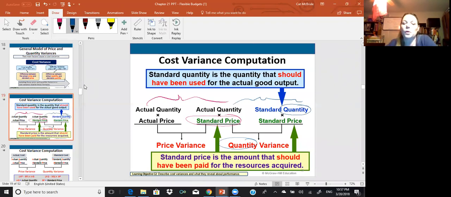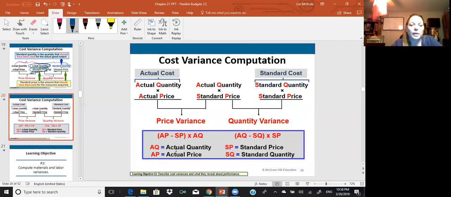So here we do price, and on this side we do standard and actual quantity. That's how we figure out what the price variance is and what the quantity variance is.